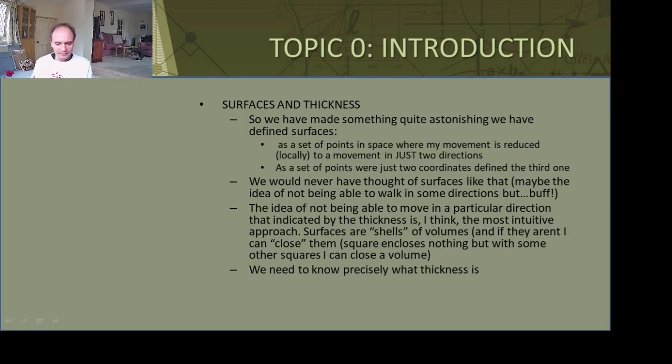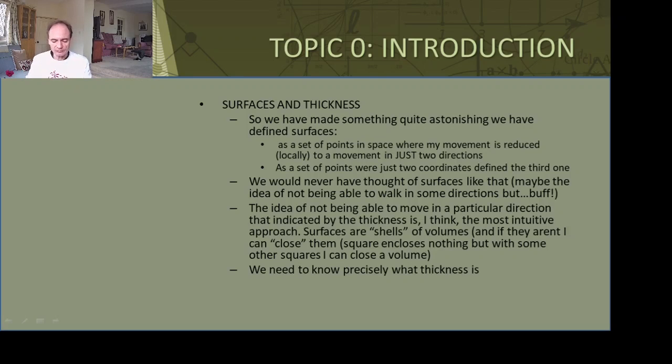Maybe the idea of us, when moving on a surface, for instance this orange, not being able to move in some directions because I can't move on any of these, could give us some clue. But once again, I insist on the artificial character of these definitions, nonetheless perfectly valid, of course.